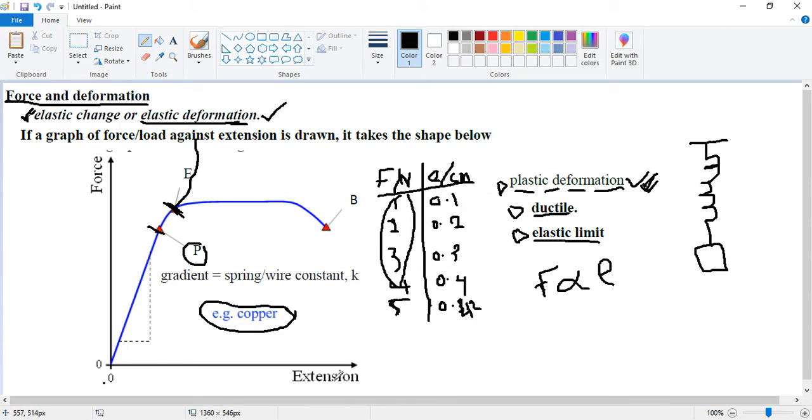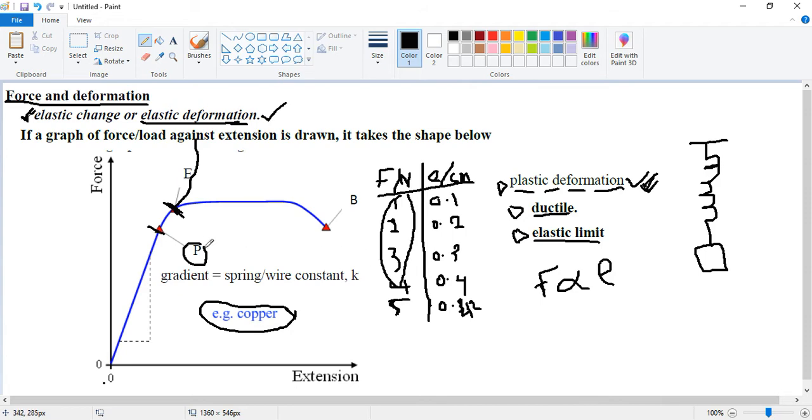Remember, on the x-axis we have the extension. So I want you to note very carefully the section of the line from P to the origin. From P to the origin is a straight line. In this region, I have just mentioned that the force or the load applied on the spring or on the material is directly proportional to the extension, or the extension is directly proportional to the load.